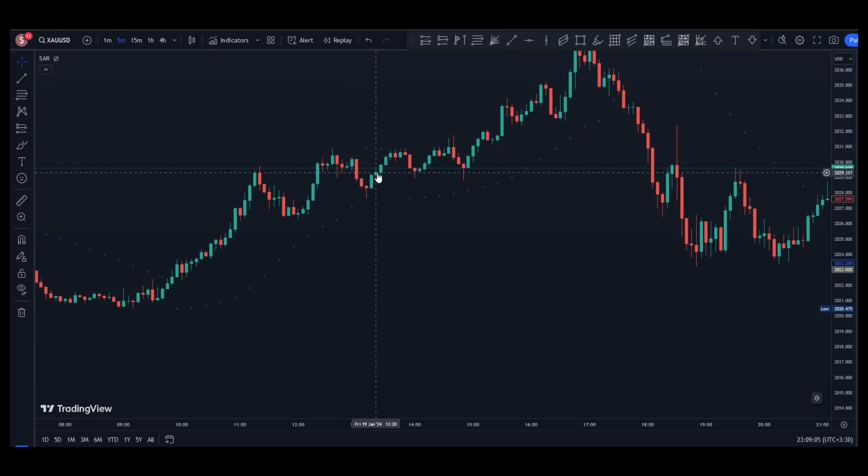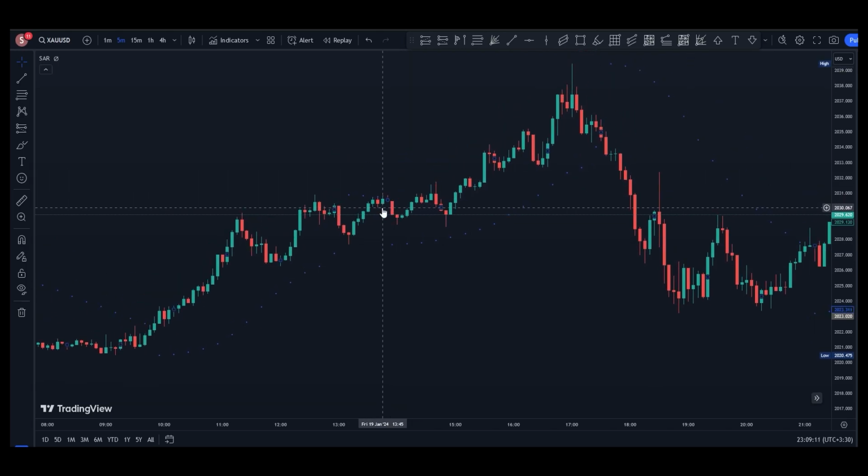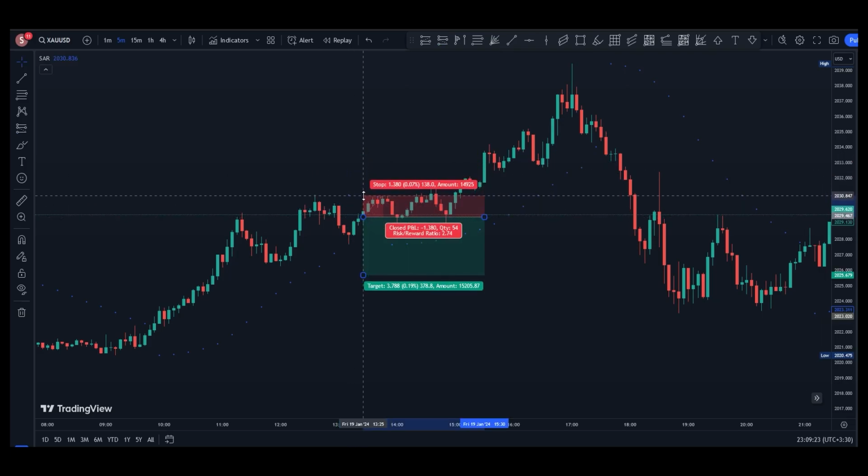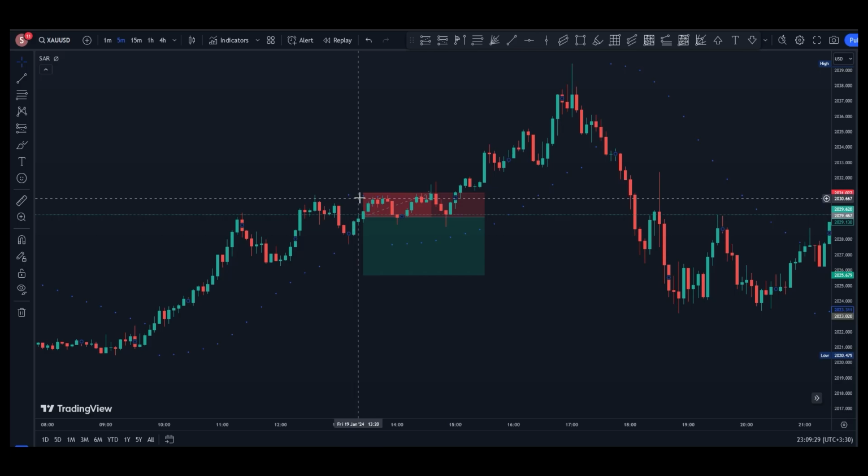Well, we can start to enter a sell or short trade, but as you see, it hit the stop loss here. Well, if I enter our short trade, put my stop loss a little above the Parabolic SAR.